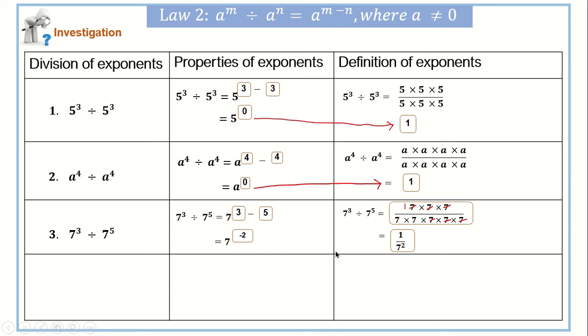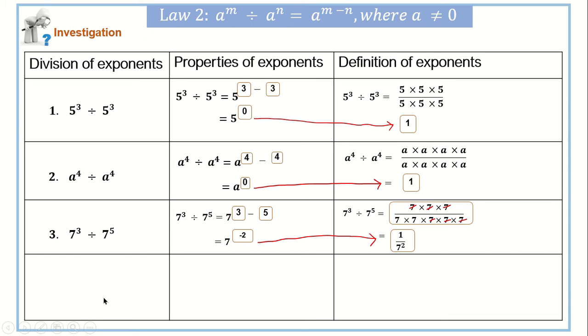Now this means that 7 to the power of negative 2 is the same as 1 out of 7 squared.